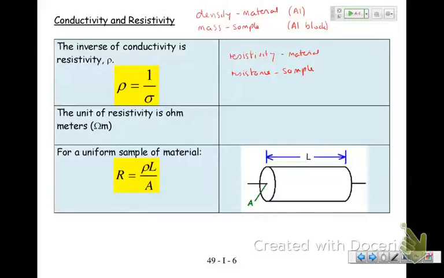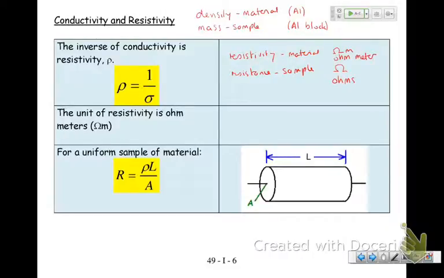And the resistance of the sample is measured in ohms, and the resistivity is measured in ohm meters. So this is ohm meter. That seems like a weird unit, but we'll get to that in a minute.